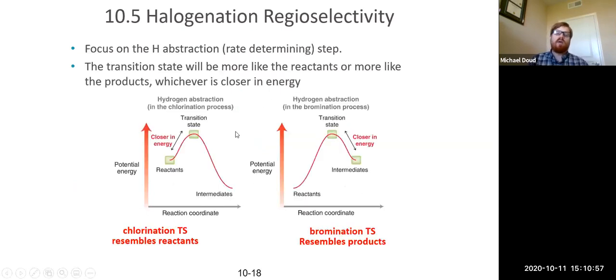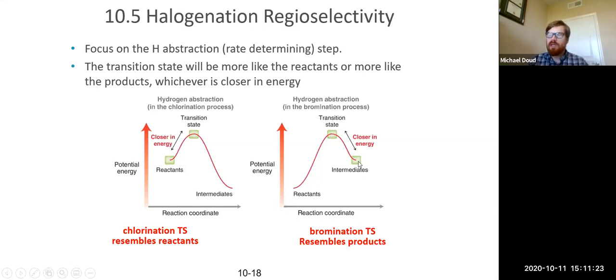So here are our two different diagrams, right? Here we have our energy diagram for chlorination on the left and for bromination on the right. When we look at the chlorination, remember that's a low activation energy reaction. So that means that the transition state is going to look more like the reactants do. And this is our hydrogen abstraction phase. In the bromination, on the other hand, the reactants and transition state are really far away.